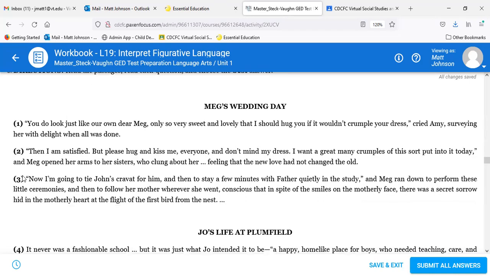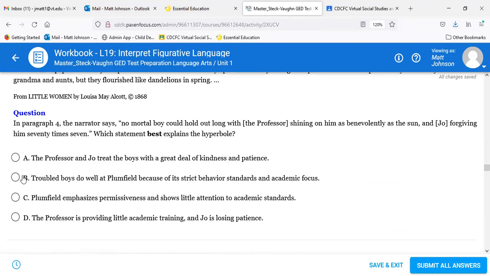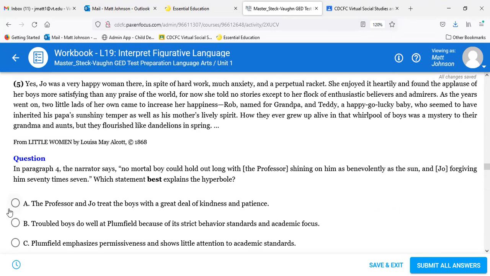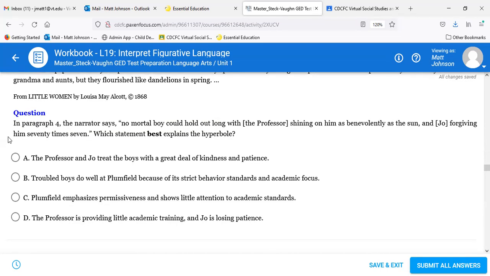And let's see, 8. Sasha Gay, do you want to read number 8 for us? In paragraph 4, the narrator says, no mortal boy could hold out long with the professor shining on him as benevolently as the sun, and Jo forgiving him seventy times seven. Which statement best explains the hyperbole?